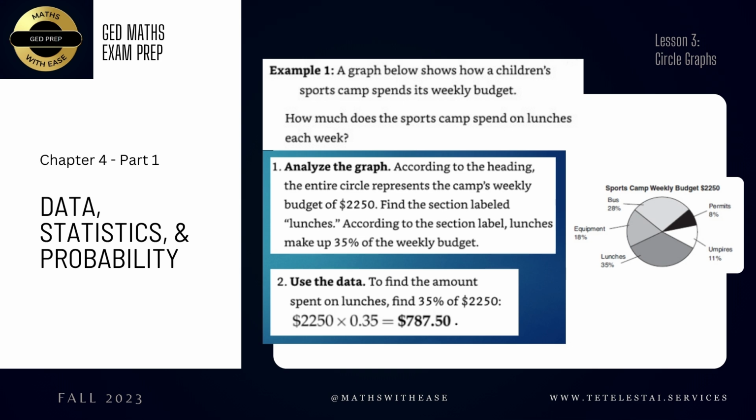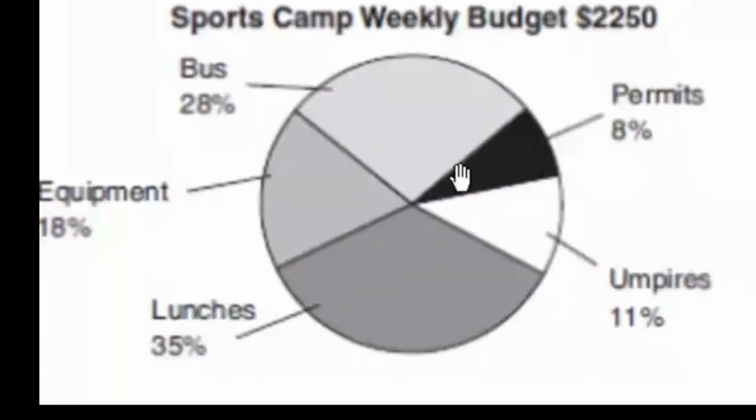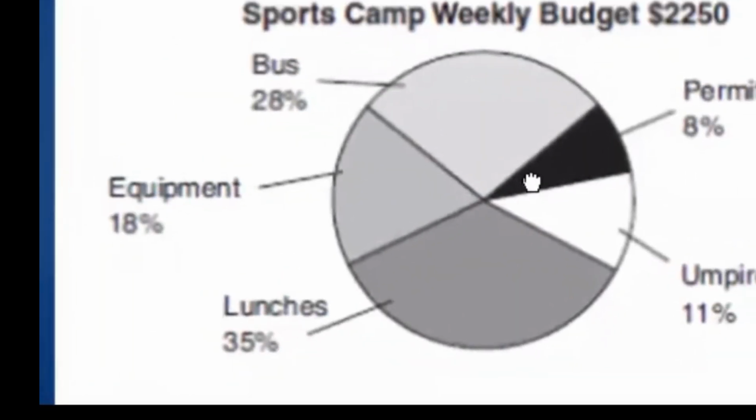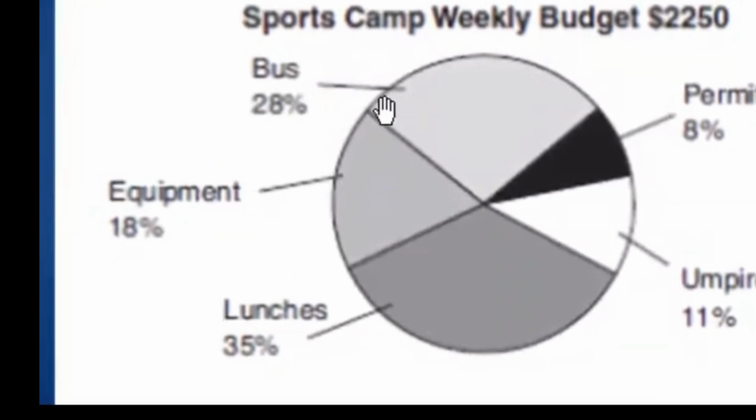All right, so again, the title is telling us that this circle graph is a representation of the sports camp's weekly budget, which is $2,250, sorry. And of that budget, every week, the camp spends, let me zoom in, 28% on bus.